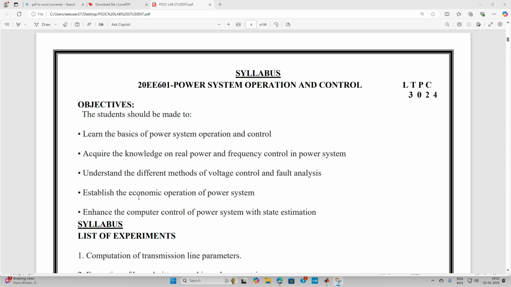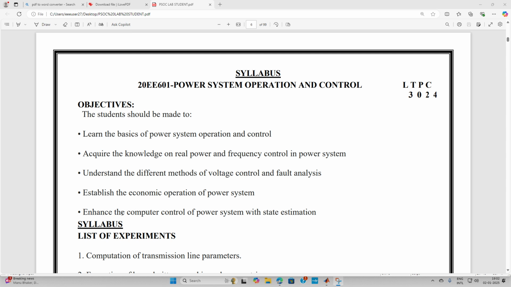First we consider only economics, because the generating station is in one place and the raw material is obtained from other places. So we have to transport the raw material through vehicles to the power station. That is called economic operation of power systems.